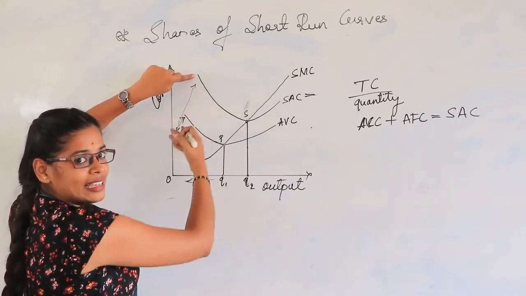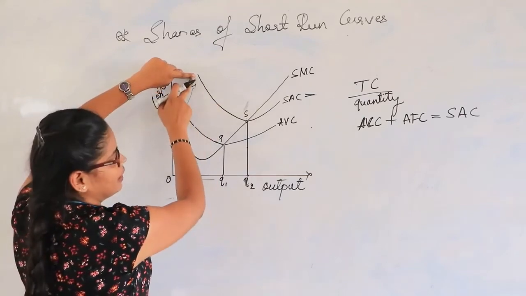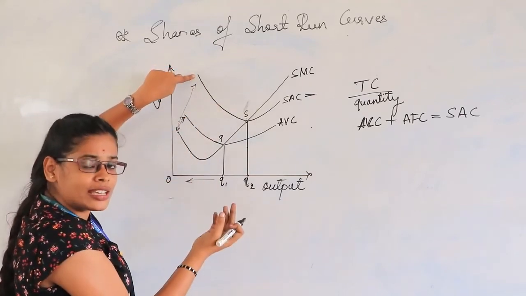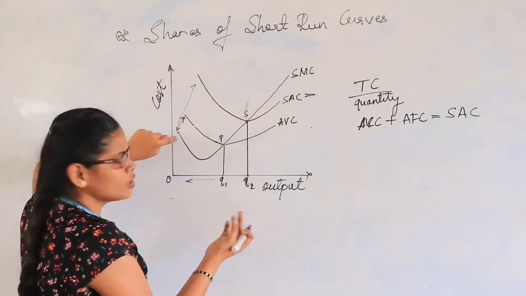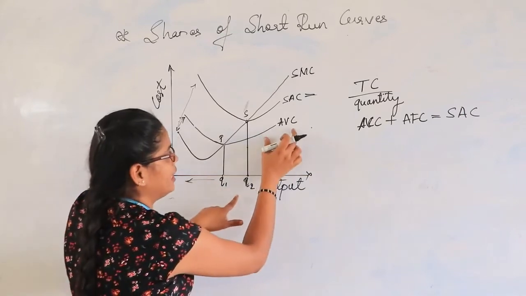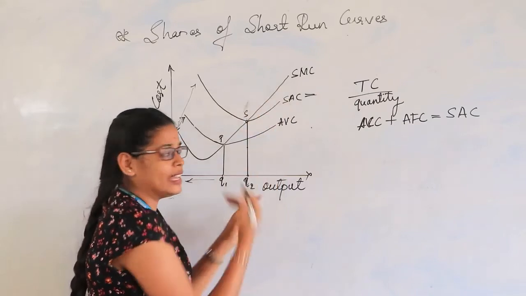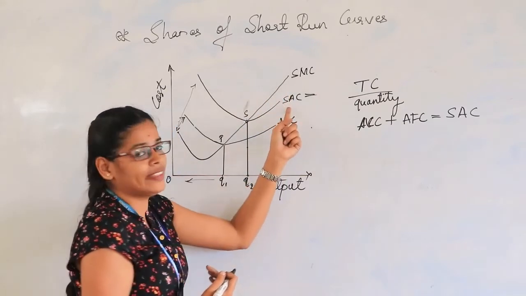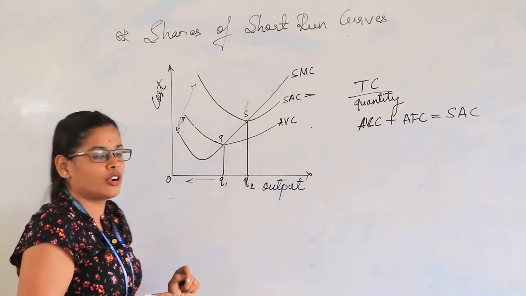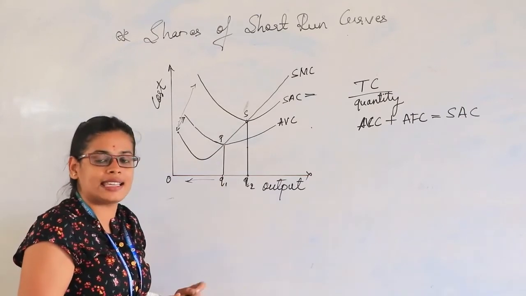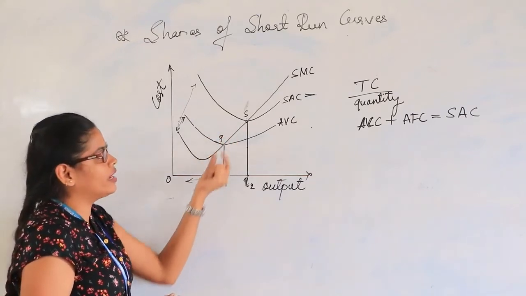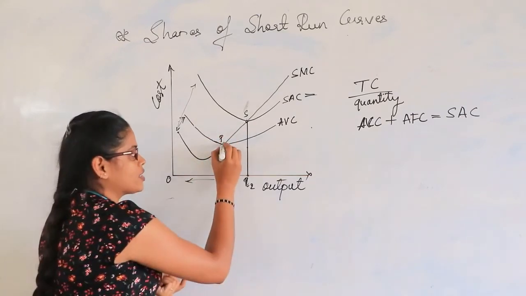Similarly, when we are talking about the Q2 point, the same situation happens. The short run average cost is greater than the short run marginal cost, but here it has changed. You can see the short run marginal cost has increased and is greater than the short run average cost. So this is how we assess the graph based on the curves and also based on these points.